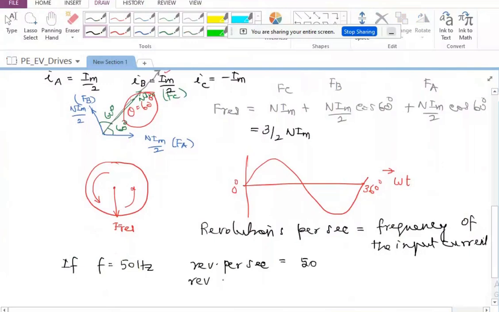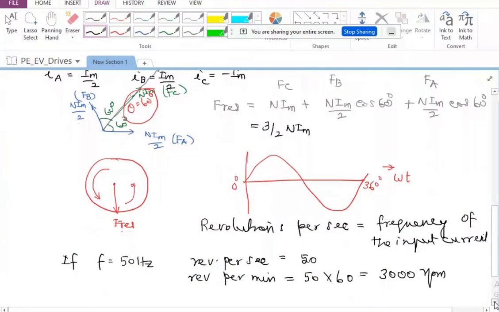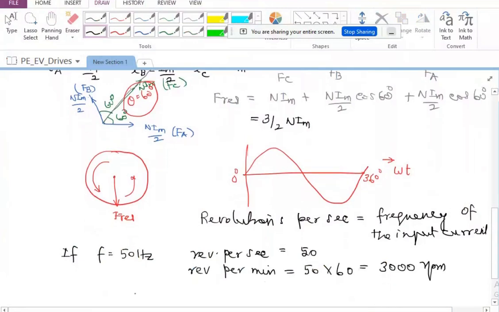So revolutions per minute, RPM, is going to be 50 multiplied by 60, which will come out to be 3000 RPM.